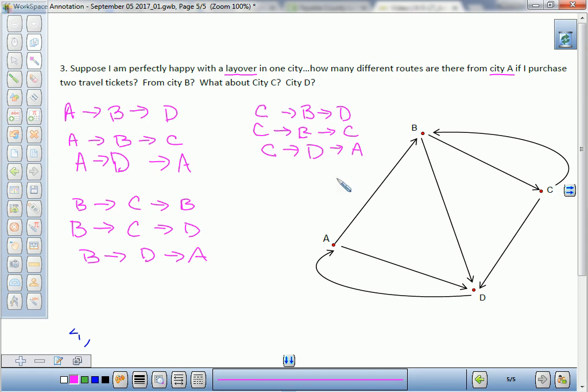Yeah, that's all. Okay, so from D, we can only go to A, but from A, we can go to B, or we can go back to D.